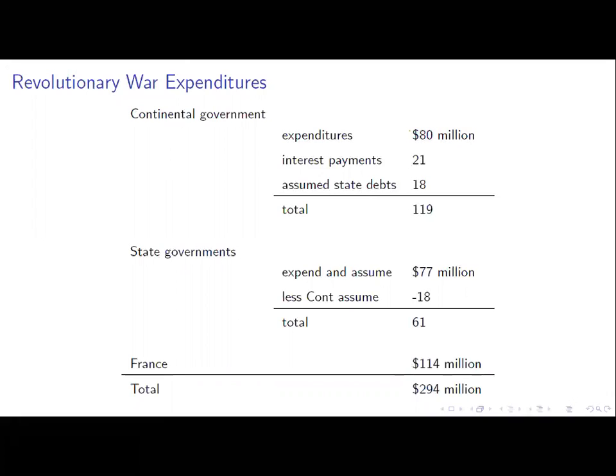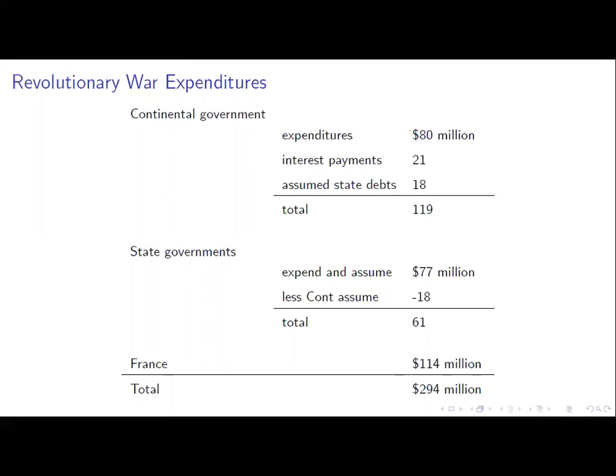And that was key. It was particularly key if you think about the Battle of Yorktown, which is the final battle of the war. The French Navy is going to keep the British troops from escaping, and also keep the British troops from being resupplied. So they're going to play a key role, but they're also going to incur expenses roughly on the same order of magnitude as the continental government.